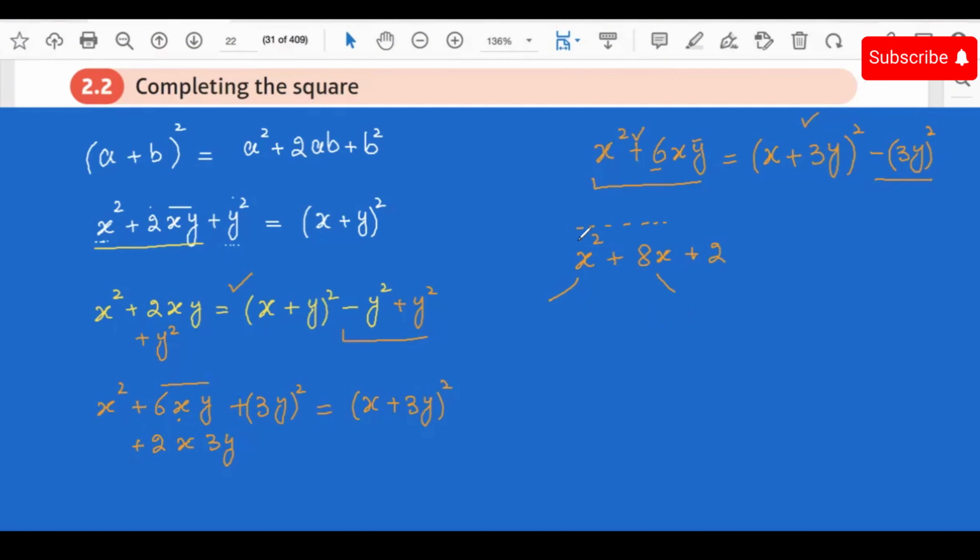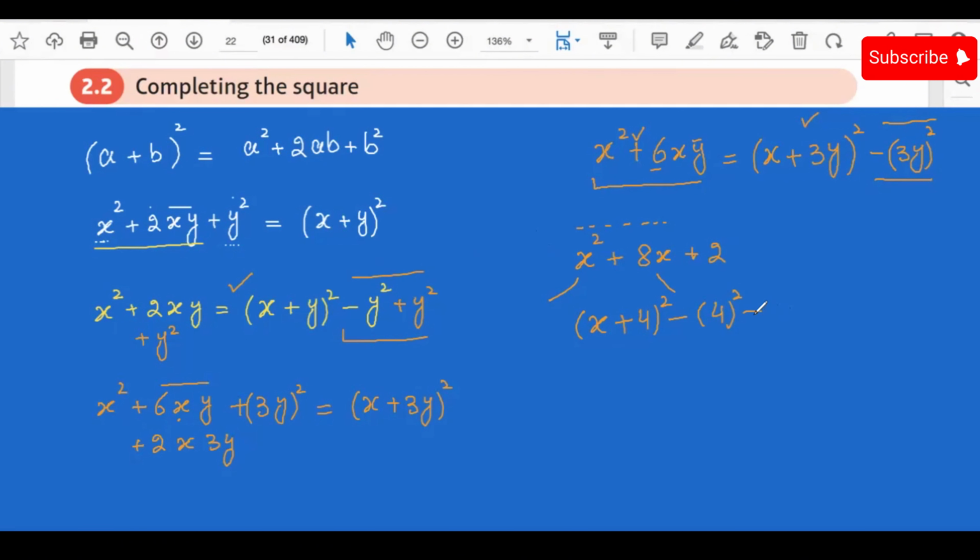Following our previous methodology, we have x square plus 8x, which we can write as (x plus half of 8, which is 4) square, minus 4 square to compensate, as we understood here.